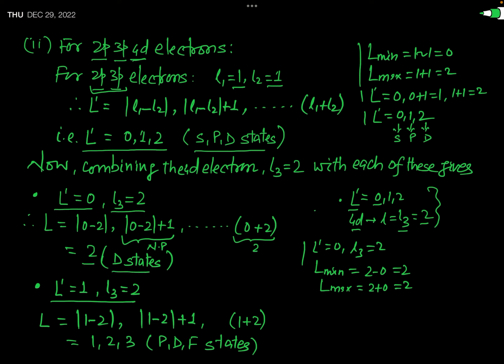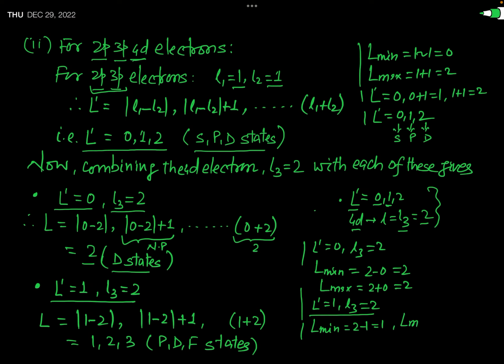and that represents the D state. Now we will consider the next value of L dash, that is 1. So L dash is now 1 and L3 is equal to 2, and you have to combine these two. L minimum will be 2 minus 1, that is 1.